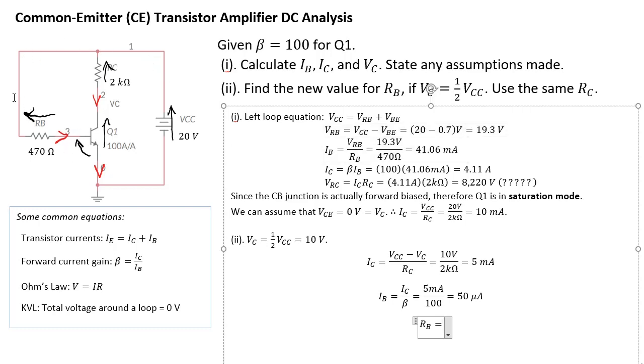It is still 20 volts up there, it is still VB at 0.7, it is still ground there. So it's going to be VRB divided by IB, right? So VRB is 19.3 volts divided by IB.